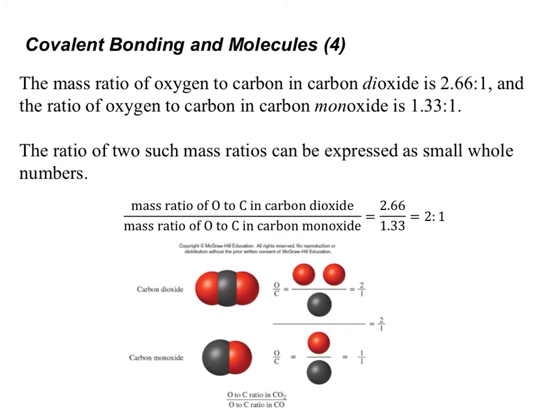So, if we take the mass ratio of oxygen to carbon in carbon dioxide and divide it by the mass ratio of oxygen to carbon in carbon monoxide, we end up with a 2 to 1 ratio, telling us that carbon dioxide has twice as many oxygens as carbon monoxide. So in other words, for every carbon in a molecule, there are two oxygens in carbon dioxide and only one oxygen in carbon monoxide.